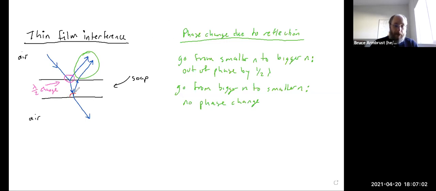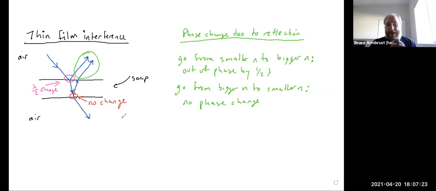If you look at the second one, I'm going from soap to air, so I'm going from bigger to smaller. This will have no change. So this is one of the things that can lead to the interference.